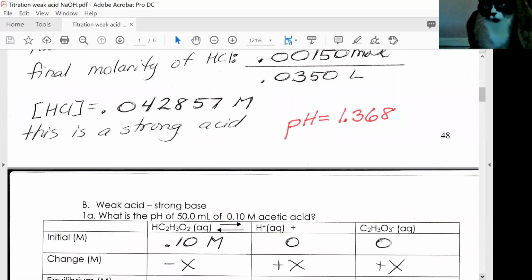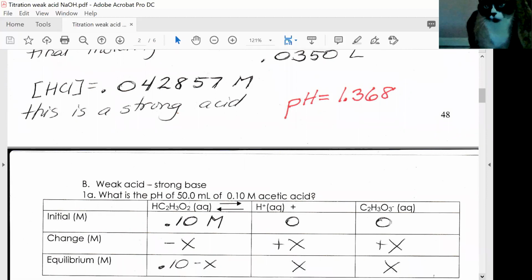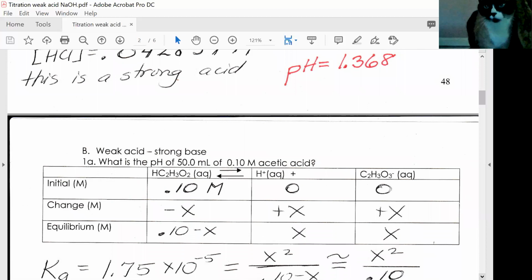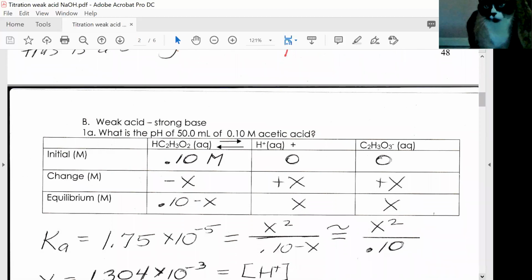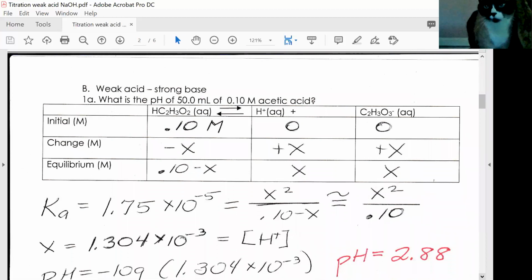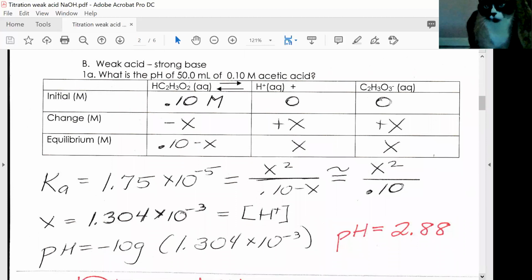Okay, let's look at a weak acid, strong base. This is all the same problem. So we're going to start with 1A. What is the pH of 50 milliliters of 0.1 molar acetic acid? So you haven't added any base at this point.